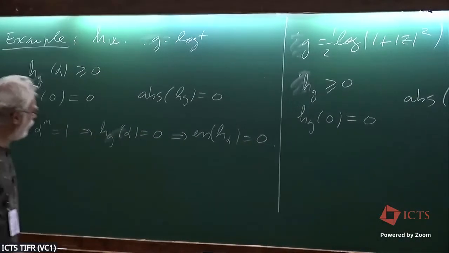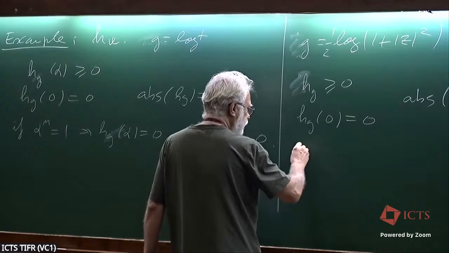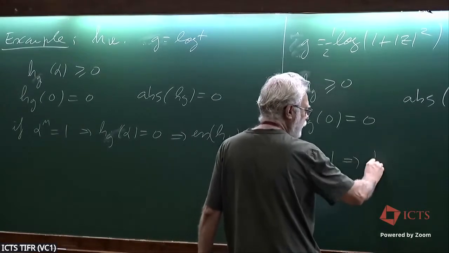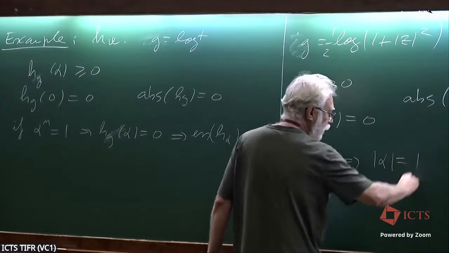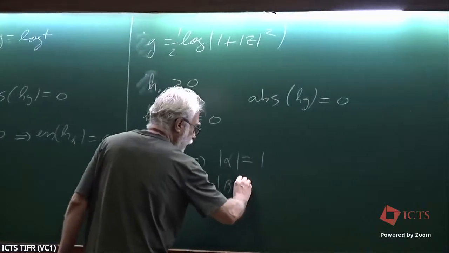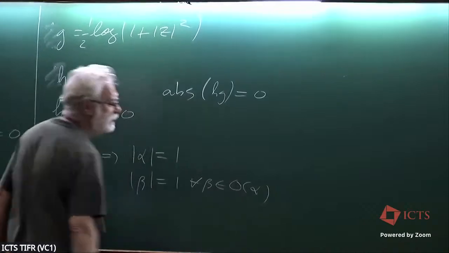But now, if I look, for instance, at roots of unity, so let's say, if alpha to the n is equal to 1, in particular, this implies that the absolute value of alpha has to be 1, and the absolute value of beta has to be 1 for all beta inside the set of conjugates of alpha.